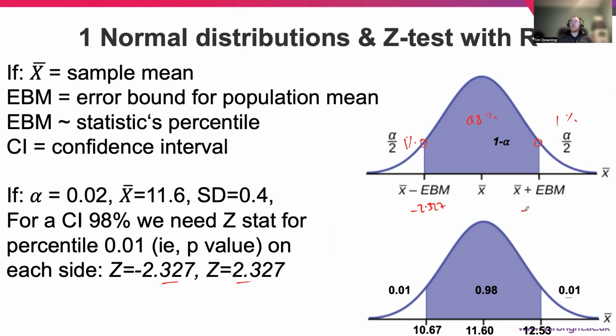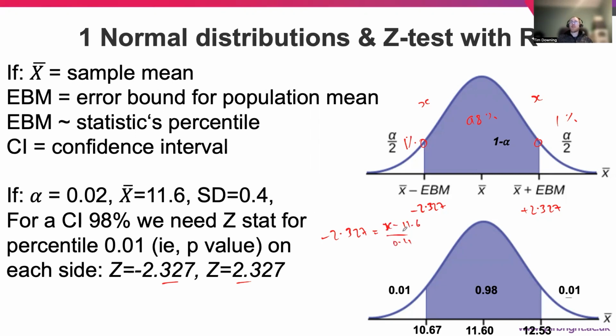So then we can use these values to put into our calculation to get answers on what value we expect these correspond to. So what is X here and what is X here in our formula? If your X bar is 11.6, what we do is then have minus 2.327 is equal to X minus 11.6 over 0.4.